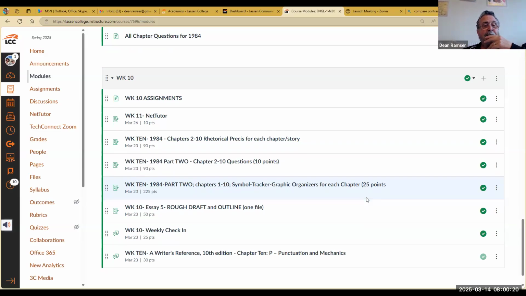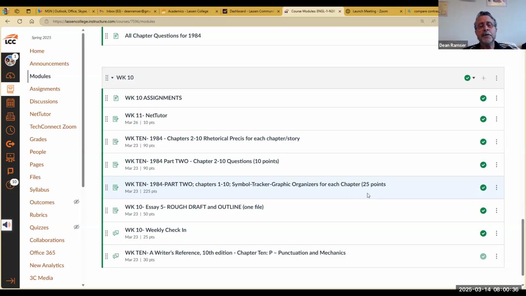Okay, so week 10, chapter 2, rhetorical précis from the 1984 novel. It's an easy read, I think. It's pretty quick. It's very literal, superficial, although it has a lot of subtext to it, which makes it dynamic.